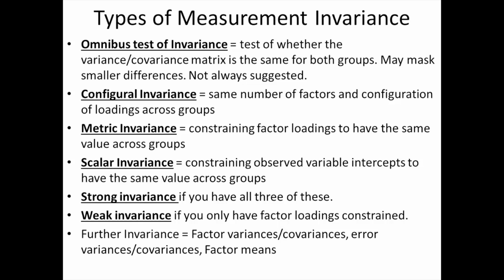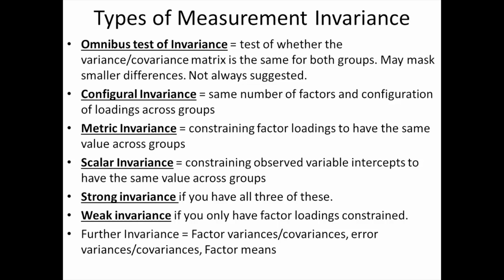We also have error terms, which some people refer to as uniqueness invariance. So in a measurement model, we can test factor loadings, observed variable intercepts, and error variances and covariances. And I don't see the error variances and covariances here.